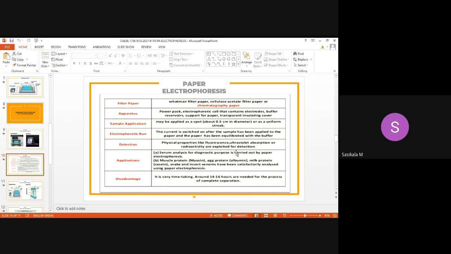If the sample has this particular physical characteristic, then we can analyze or separate it using paper electrophoresis. What are the applications of paper electrophoresis? It is applicable for serum analysis for diagnostic purpose.